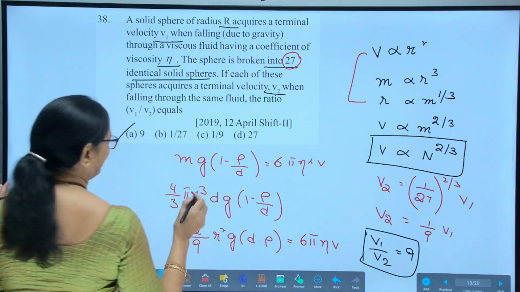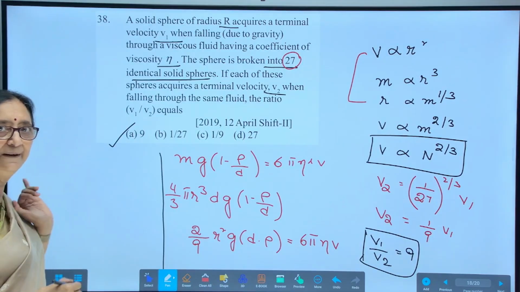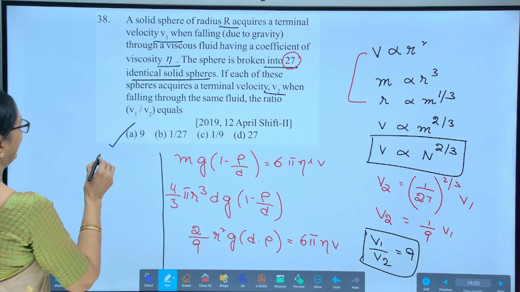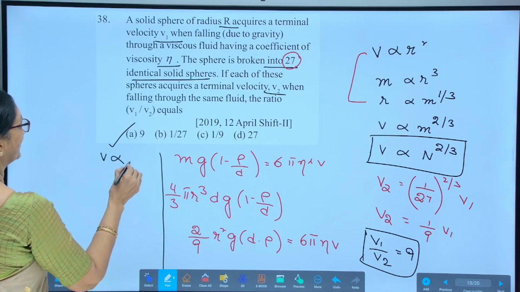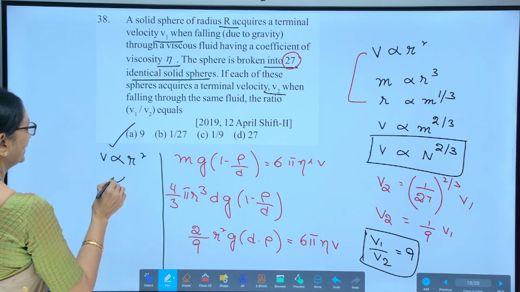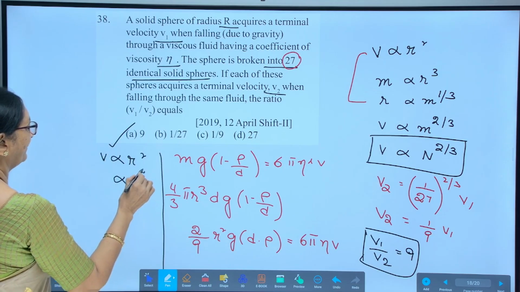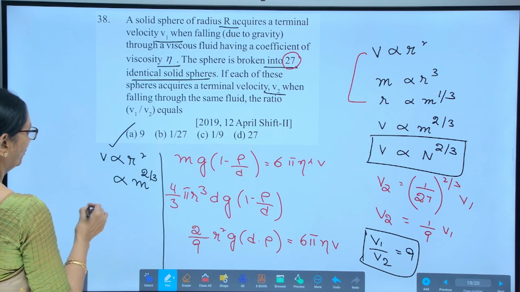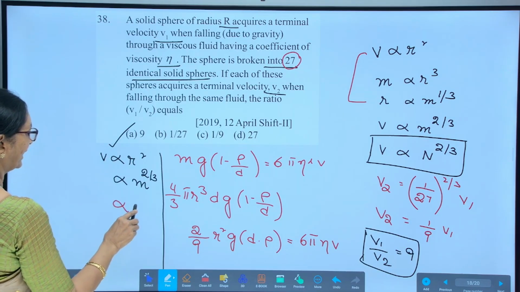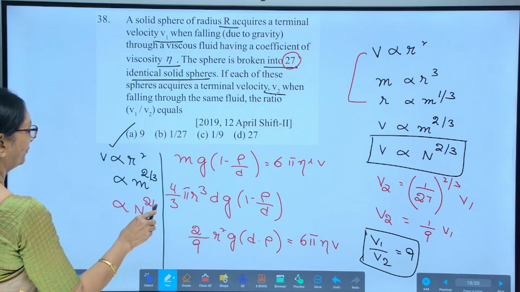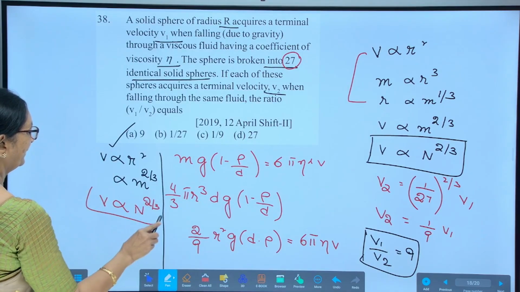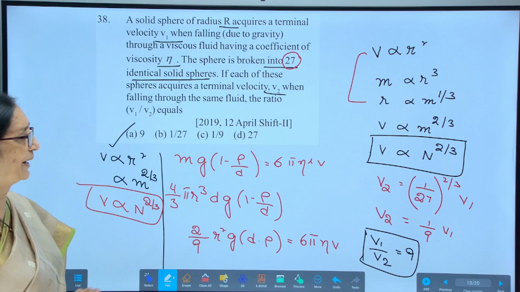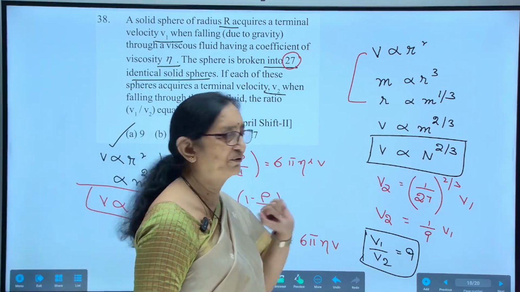Just now in this session we derived that terminal velocity is proportional to r square, which in turn is proportional to m to the power of 2 by 3, which in turn is proportional to n to the power of 2 by 3. Terminal velocity is directly proportional to n to the power of 2 by 3.